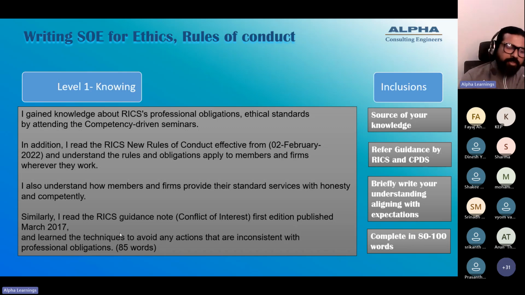If you are giving reference to some CPD that you have attended recently, try to map that CPD with your CPD records, the records that you'll be submitting to RICS. Suppose you are referring to a CPD that you have done in your organization, you should put that in the CPD records if it is in the last 12 months.